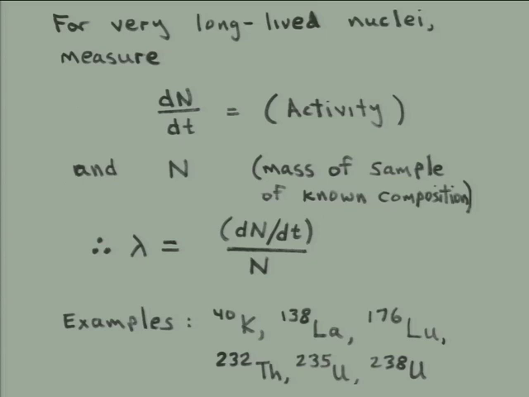I can determine how many radioactive nuclei are present simply by going and picking up a sample and weighing it. If I've done some chemistry and I know that my sample only has potassium in it, and I happen to know the isotopic abundance of potassium-40, then by weighing the sample, I've determined N.